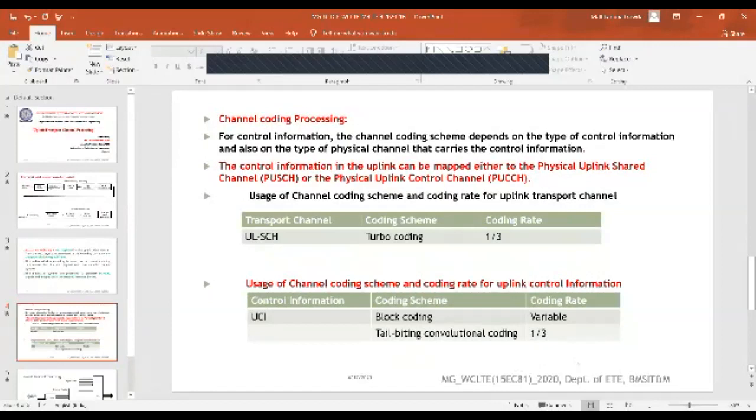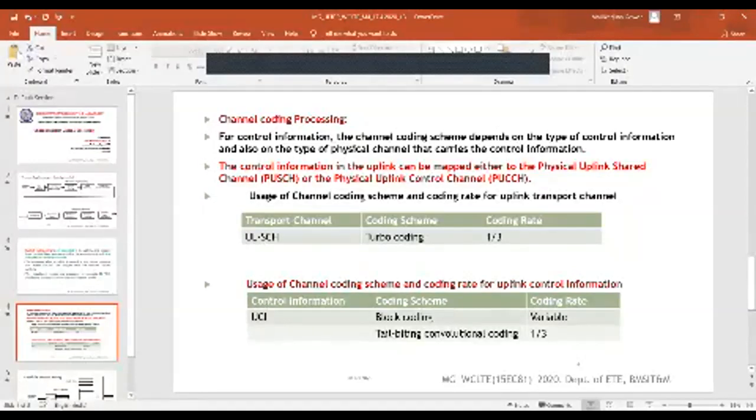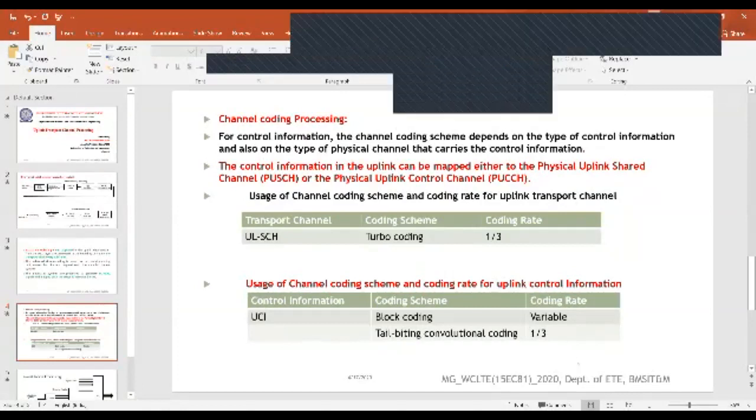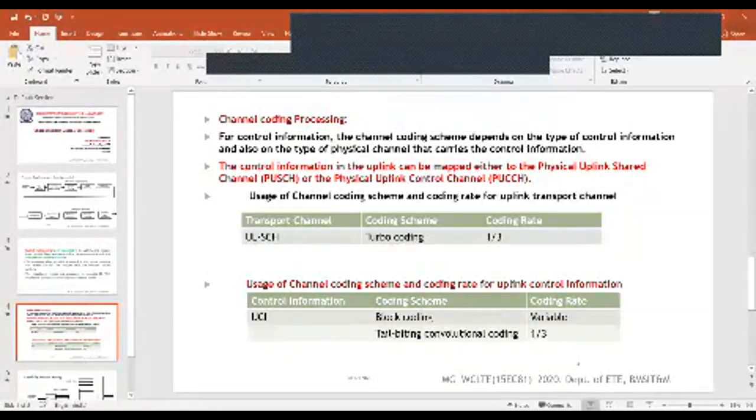And another thing, in the channel coding processing, depending upon the type of control information and the type of channel mapped to carry that control information, we use different types of coding schemes, right? Here there are two types of channels mapped to the control information. One is the physical uplink shared channel, and another one is the physical uplink control channel, that is PUCCH.